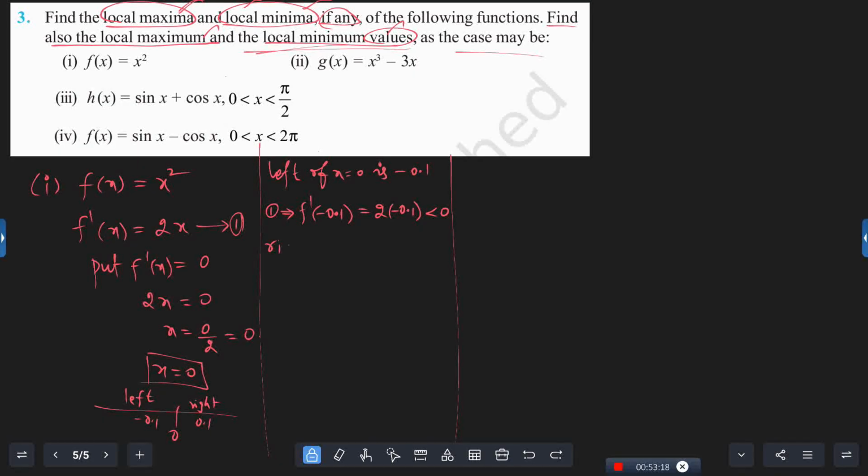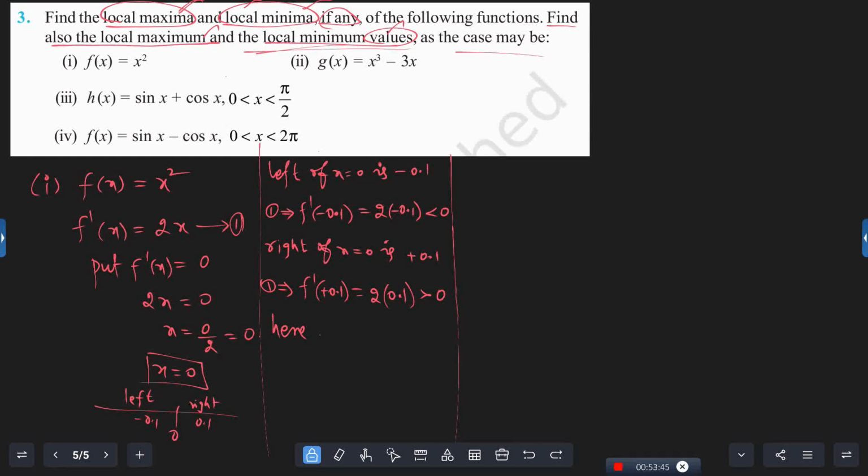Next, right of x equal to 0 is plus 0.1. Then f dash of plus 0.1 is 2 into 0.1, which is greater than 0. Children, listen, what is happening here?